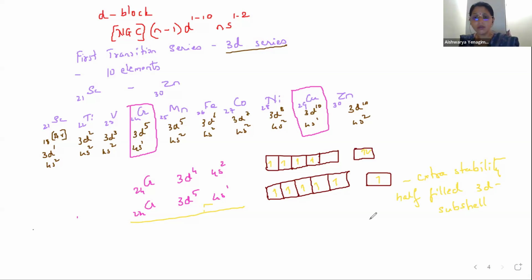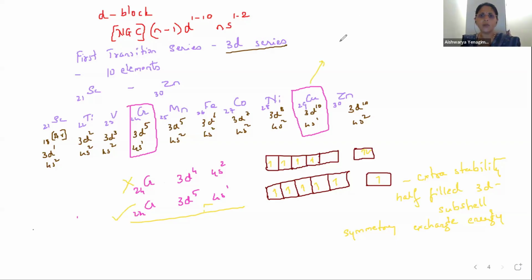Why are they more stable? We know the reasons also. One reason is symmetry and another reason is exchange energy. We learned this in lower classes, in 11th. So due to these two reasons, the half-filled and completely filled configurations become more stable. Therefore the expected configuration is not taken; instead we take this one.